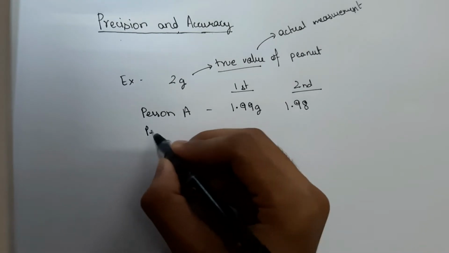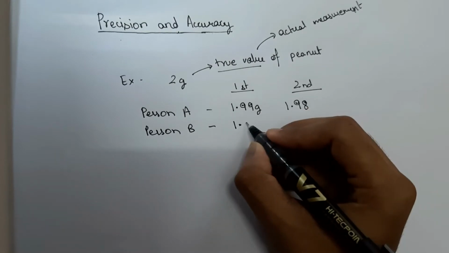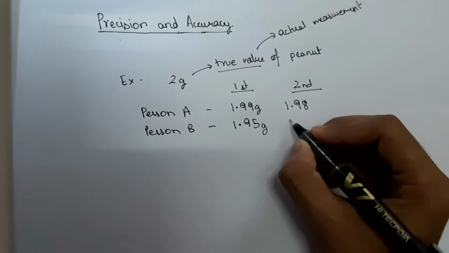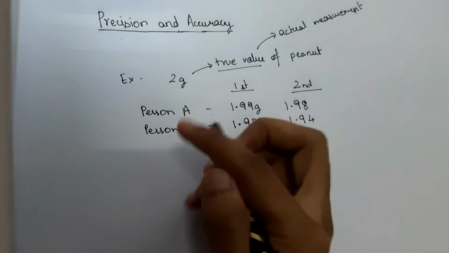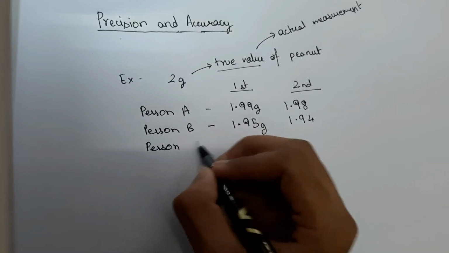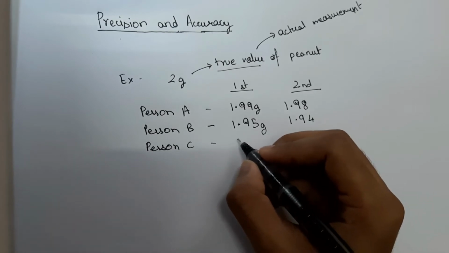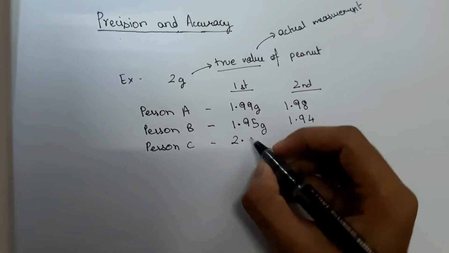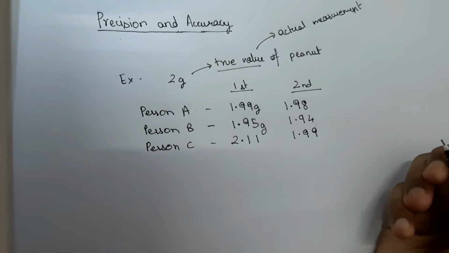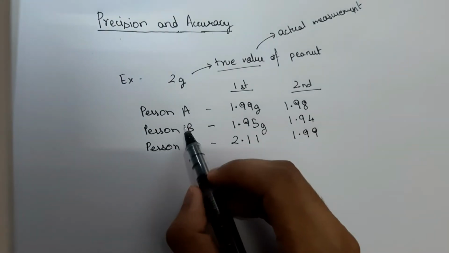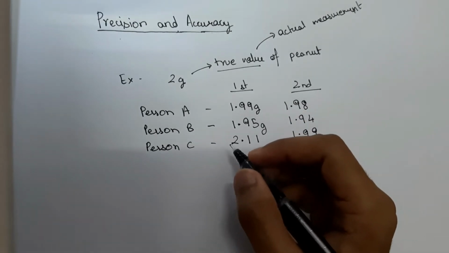And then person B got 1.95 grams and 1.94 grams. Then let's say another person, C, is also here, and he took the first value as 2.11 and 1.99. So let's see what persons A, B and C have measured, whether it is accurate or precise.